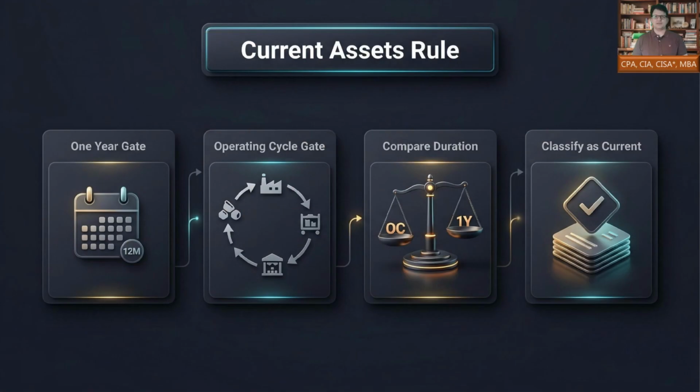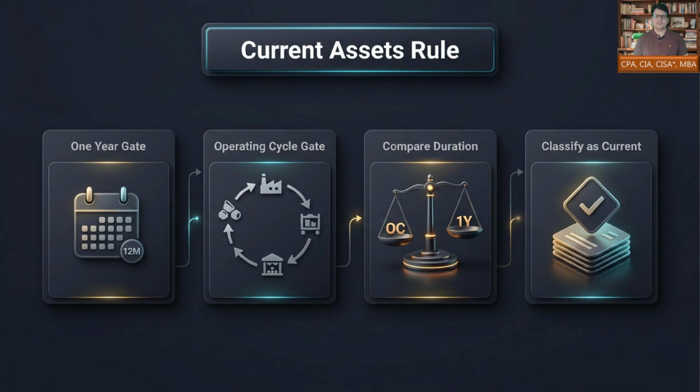Let us start with current assets. Under ASC 210-10, an asset is current when it is reasonably expected to be realized in cash, sold, or consumed within the longer of 1 year or the entity's operating cycle. This longer of idea is extremely important. Many students remember only the 1 year rule, but that is not enough.